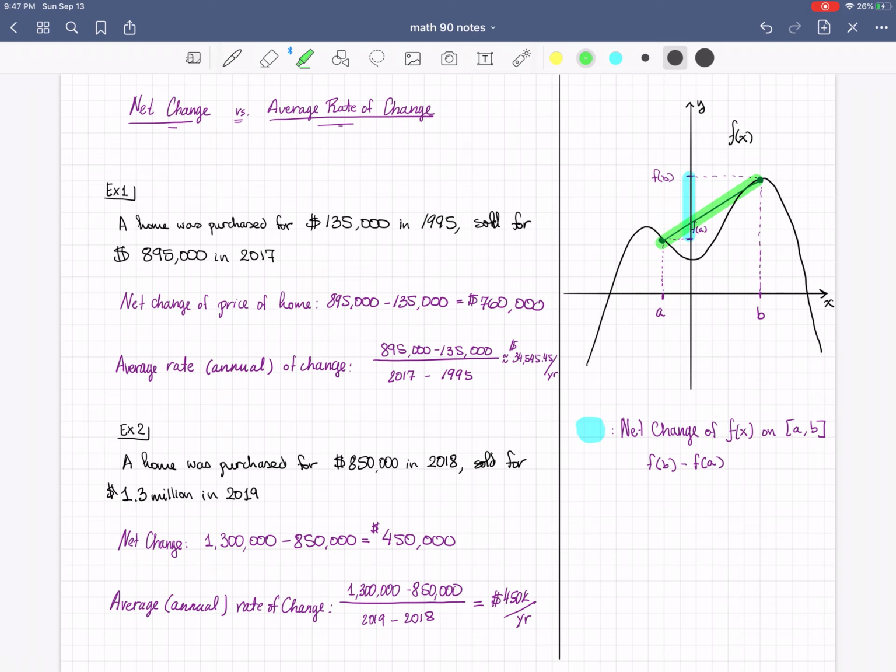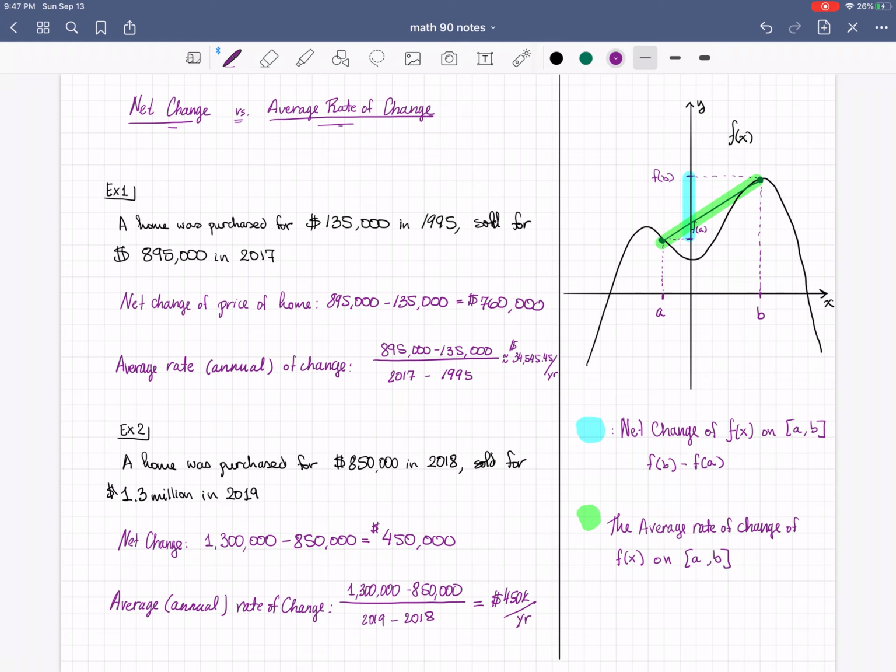So in green, the slope of that line, so the average rate of change of the function f of x on the interval AB, is the slope of this green line.